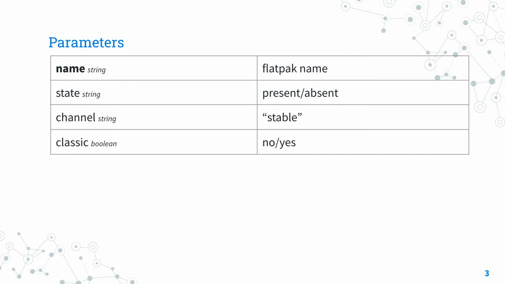The parameter channel specifies which channel to use, default to stable, but you can go to some unstable branch as well. The parameter classic allows the confinement of a Snap to have the same level of access to a system as a classic package.